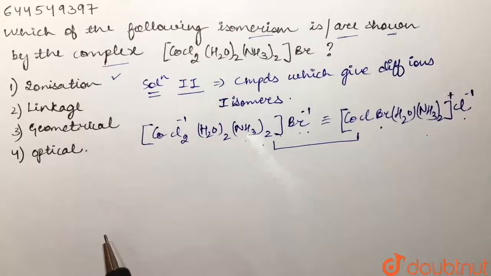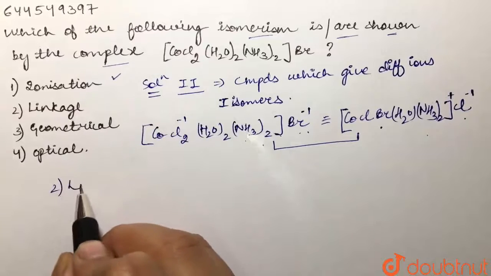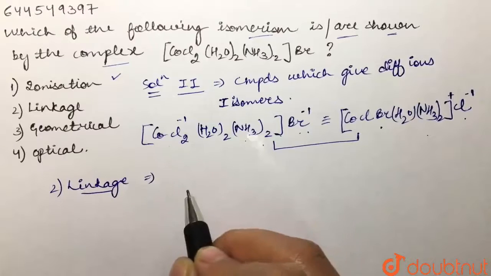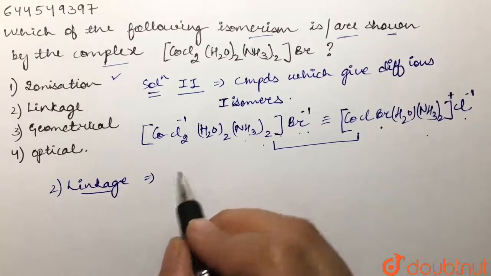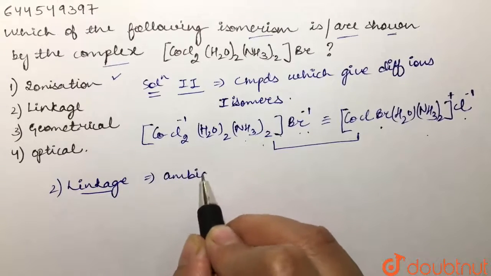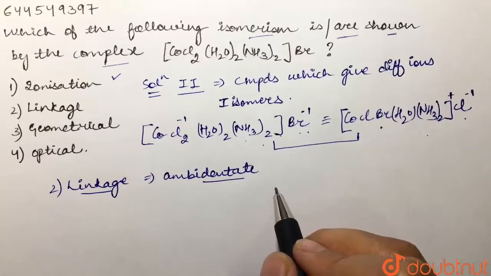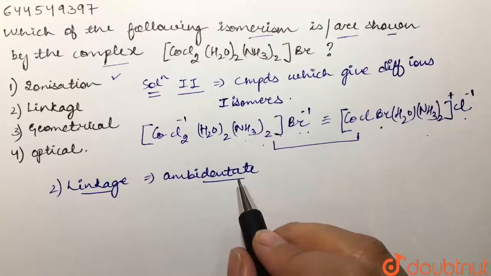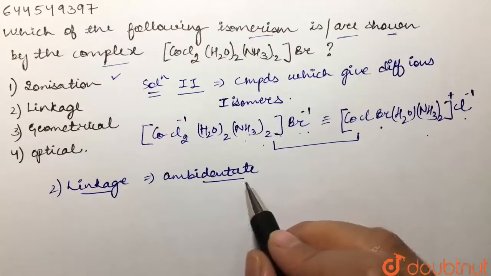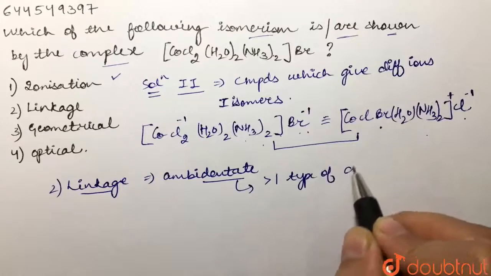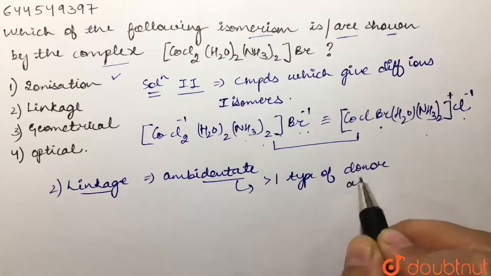Then they are saying linkage. In case of linkage isomers, we have the presence of an ambidentate ligand in a particular complex. So what is an ambidentate ligand? In an ambidentate ligand, we have more than one type of donor atom.